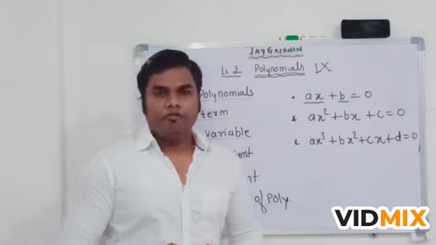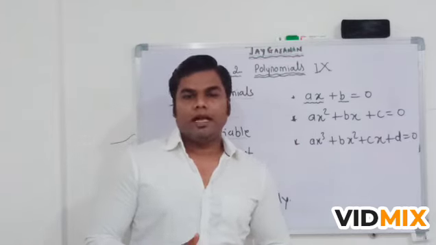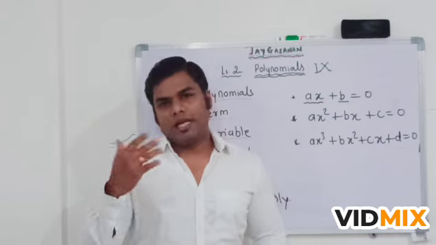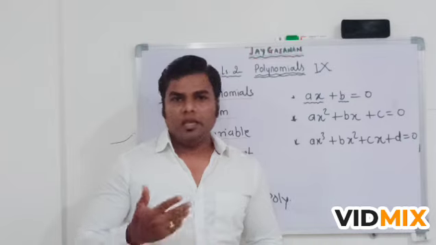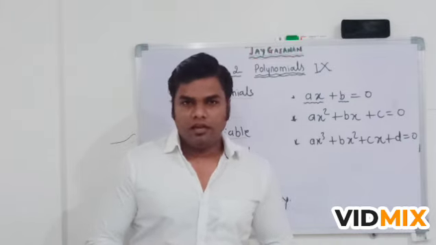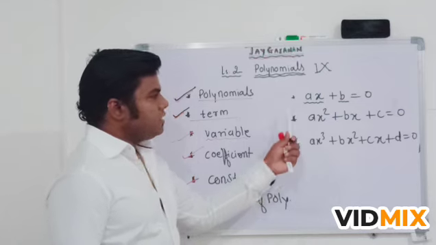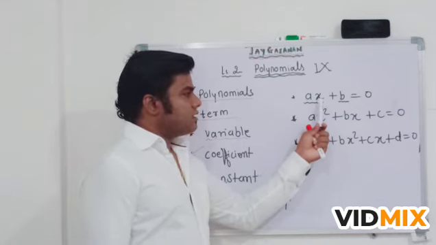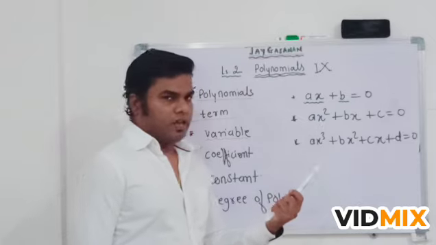Then we'll go to variable. What is variable? Generally we use variables as x, y and z, but sometimes you may see in the questions that they are using t, q, p, anything that they can use, but generally we are using x, y and z. So in this expression you can see this x is a variable, this x square and x are variables.